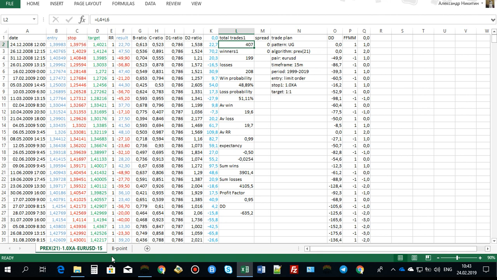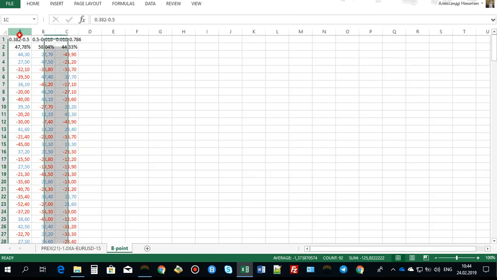Pay attention to these numbers. On Aussie dollar I had 800 trades. On euro dollar 30-minute I had 800 trades as well. Here, Prex 21 is a bit different algorithm, a bit wider, so it looks at larger patterns, but the tendency is the same.